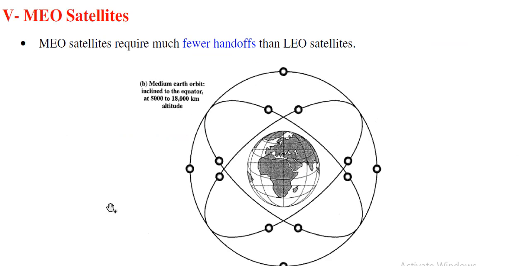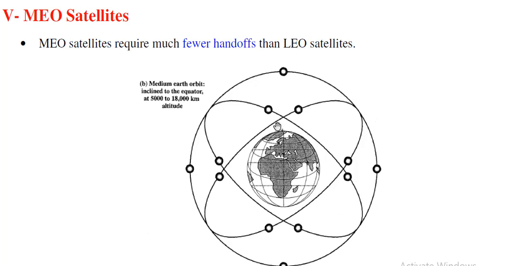The third type of satellites is the MEO satellites, the medium Earth orbit satellites. Of course, the orbit here is in between the LEO and the GEO. It is usually between 5,000 and 18,000 kilometers of altitude, and the number of satellites here is lesser than that of the LEO, which means that it requires fewer handoffs.